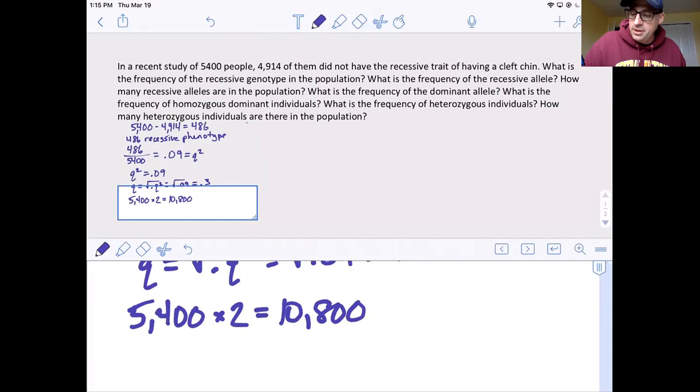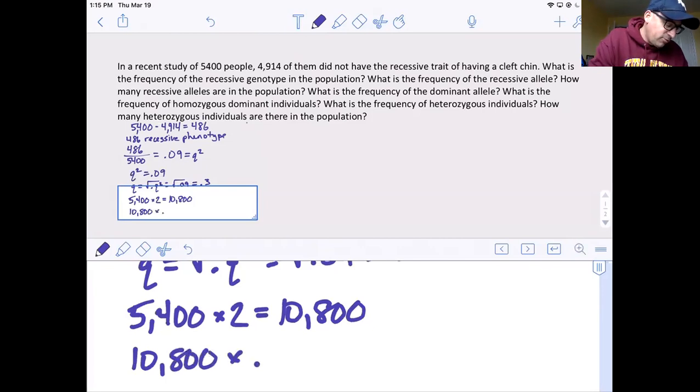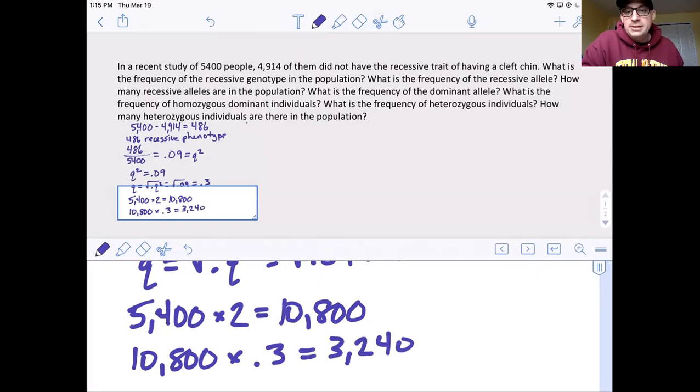So I simply need to figure out what is the homozygous recessive number of alleles. And the way to do that is to take my total number of alleles and multiply it by the recessive allele frequency of 0.3 or 30%. So when I do 10,800 times 0.3, I get a value of 3,240, and that is how many recessive alleles there are in the population.